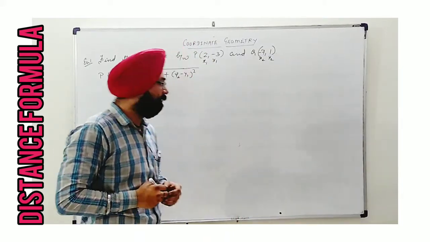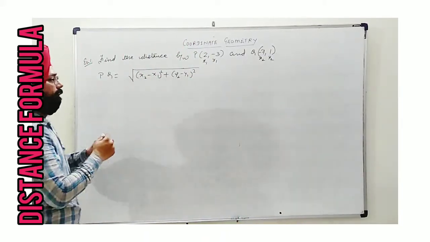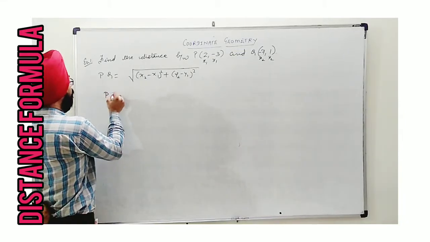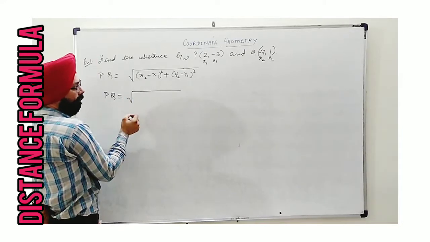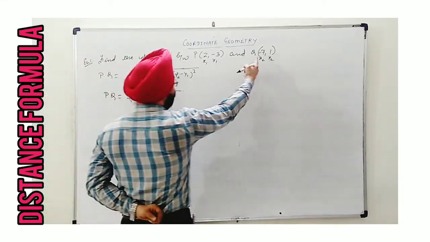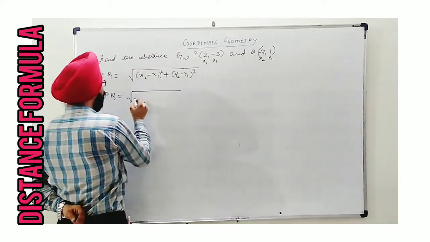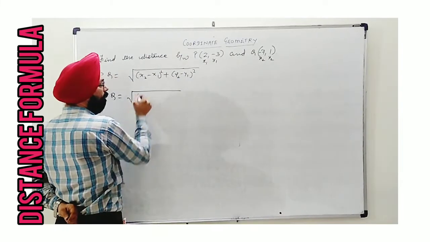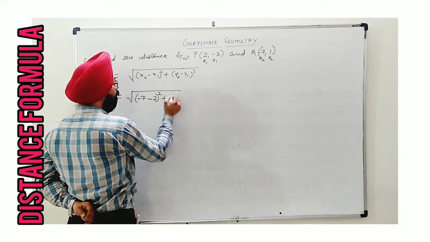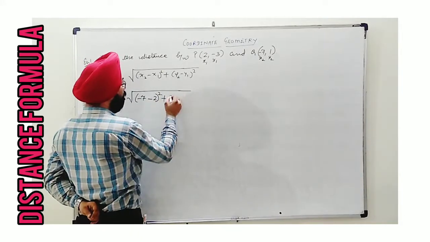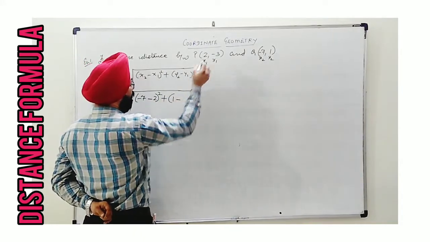In these cases, now as soon as we find PQ, putting the values we can obtain the result x2 minus x1. Now x2, as I have taken, is minus 7. So I have to write here minus 7 minus x1, which is 2, whole square, plus y2 minus y1, so 1 minus y1.